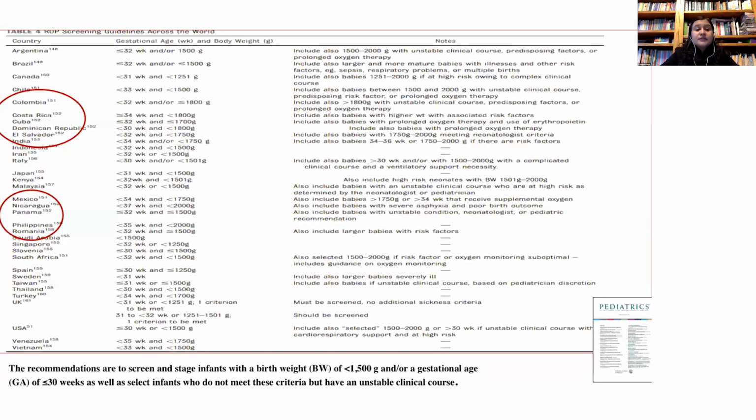The current guidelines in the US are to screen babies with a birth weight of less than 1500 gram and a gestational age of less than or equal to 30 weeks, as well as those infants who have an unstable clinical course. While in the UK criteria, there is no additional criterion of screening infants with an unstable clinical course.